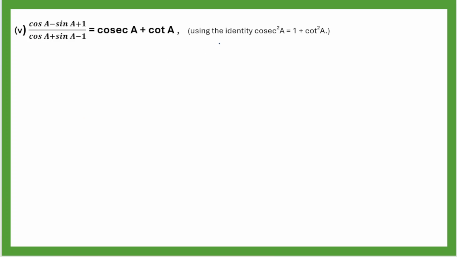In this they have given you the identity to use. So we will start with the left hand side, and what we have to do is divide our numerator and denominator by sin a in the left hand side. Why sin a?